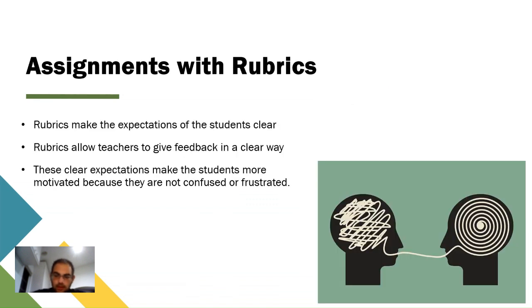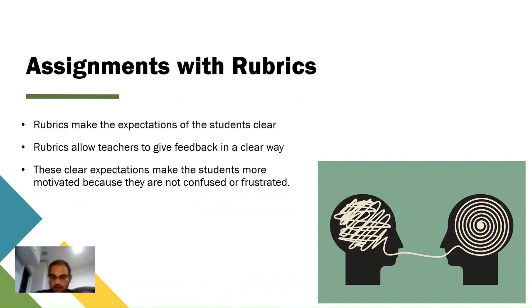Okay, and then another thing teachers can do to help students is create rubrics. These rubrics are great because they explain exactly what's required of the student, and how many points they receive for how well they complete each portion.